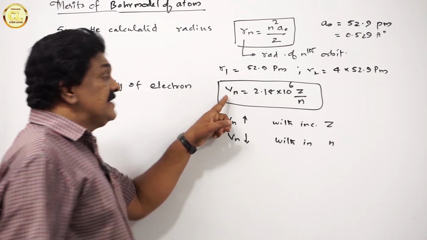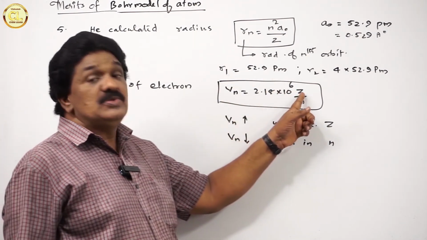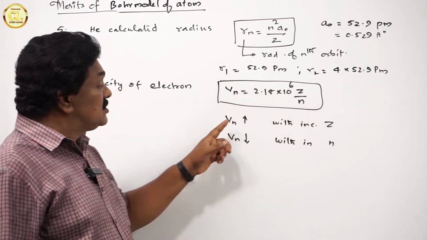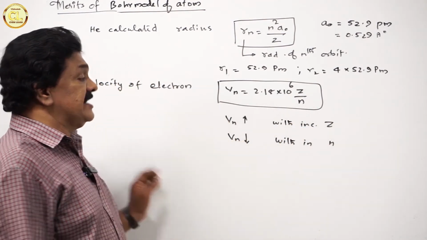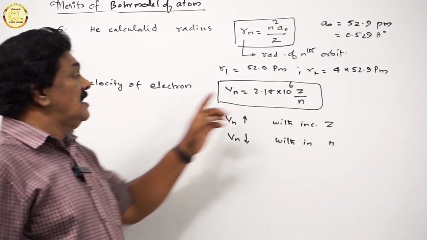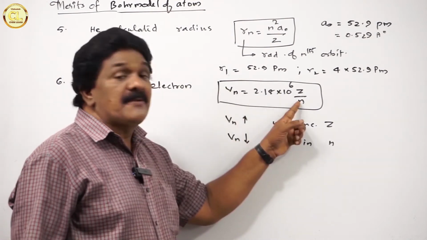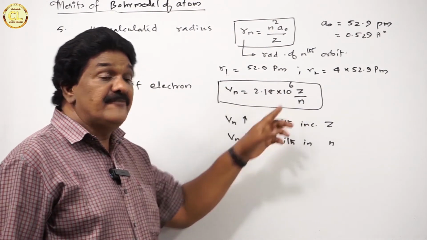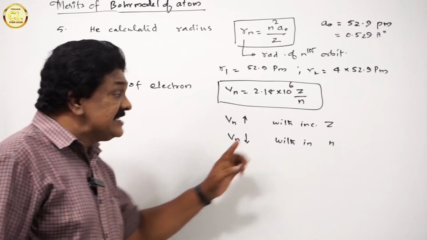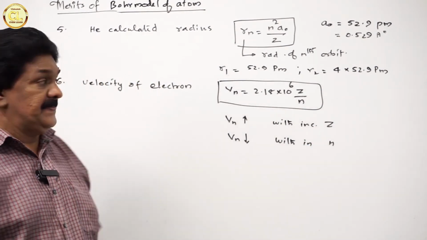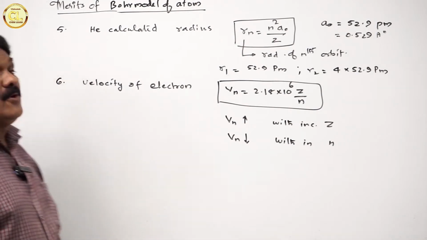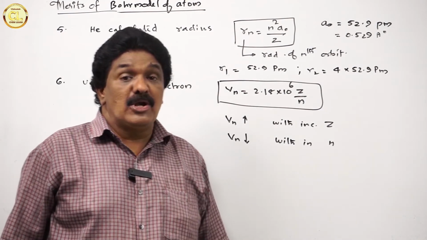Why? Because velocity is directly proportional to Z. So, as Z value increases, velocity also increases. But velocity is inversely proportional to the number of orbits. Therefore, velocity decreases with increase in number of orbits, that is value of n. These are the important merits of Bohr model of atom.